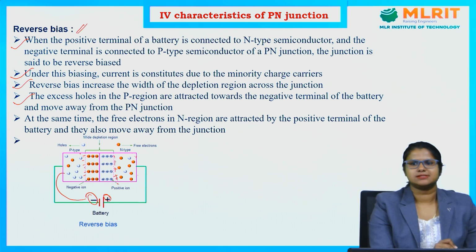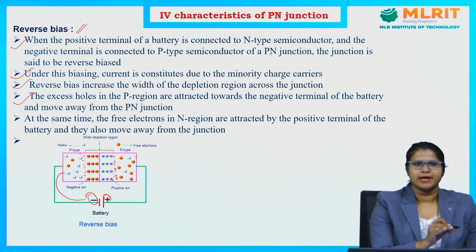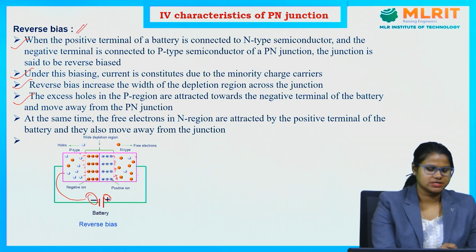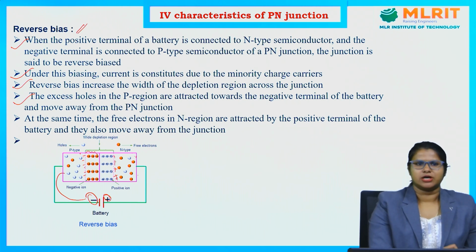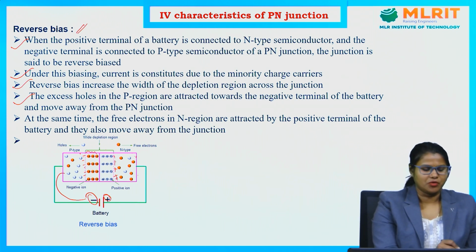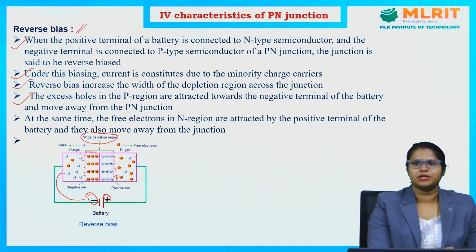So in this procedure, an excess of positive charges accumulates on the N side near the junction, and an excess of negatively charged carriers accumulates on the P side of the junction. So now the width of the depletion region will be increased.